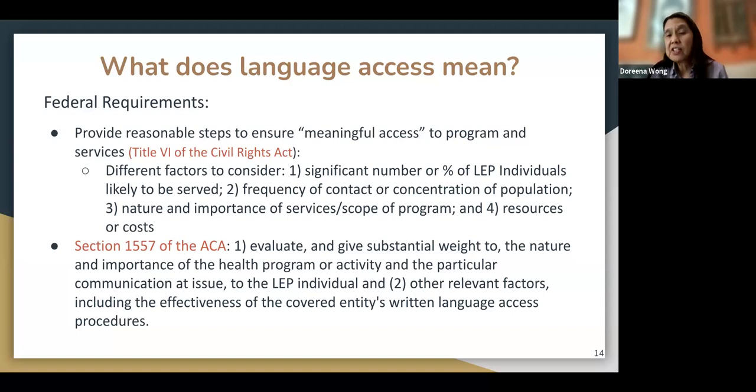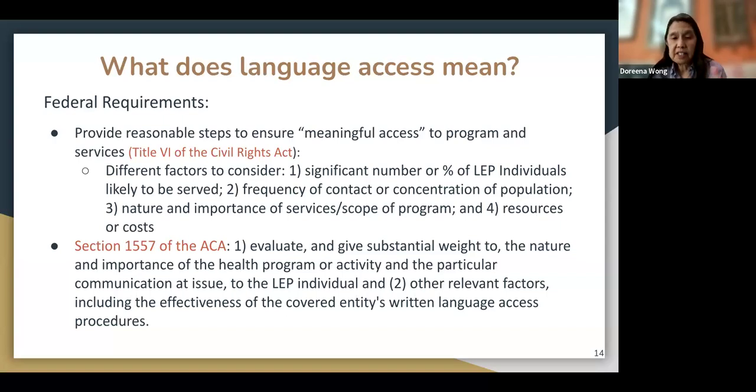There are different factors like the number and the percentage of LEP individuals that are likely to be served, the frequency of contact, how often these LEP populations are being served, the nature and importance of the services or the scope of the program, and then also what resources the entity has, or what the cost of providing those services is. Now, this test has changed over the years.